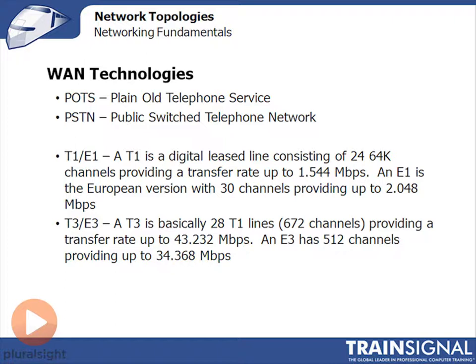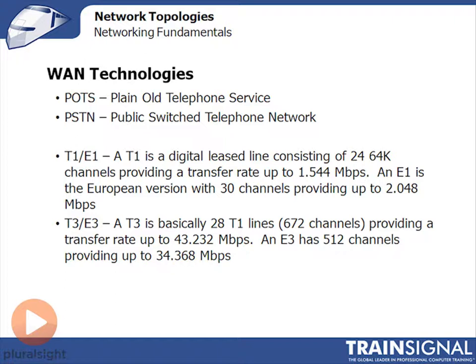We have a couple of dedicated digital leased lines, and the first we'll talk about here is the T1 or the E1. A T1 is 24 64-kilobit channels, providing a transfer rate of up to 1.544 megabits per second. The E1 is just the European version, which gives you 30 channels, so you get about 2 megabits per second.